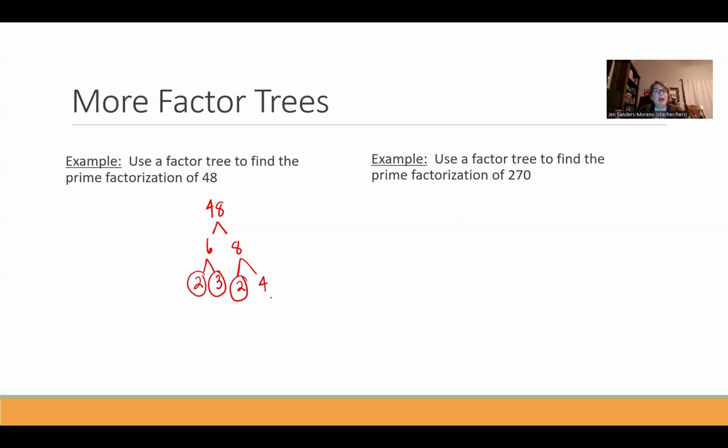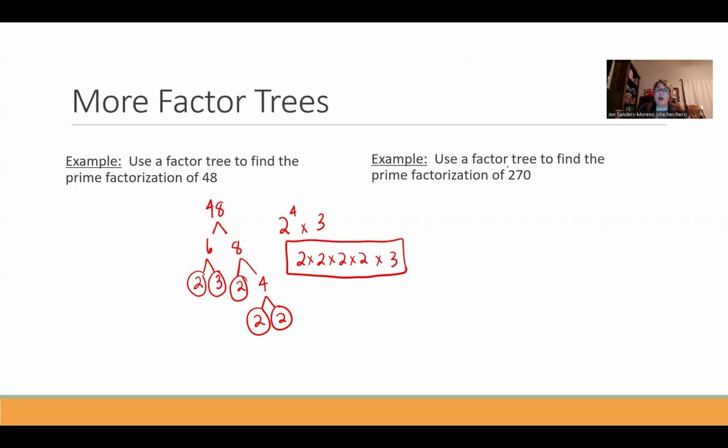And by the way, now 4 is not prime, so we have to break that one down. So it looks like 48 is going to be 1, 2, 3, 4, four 2s and a 3.